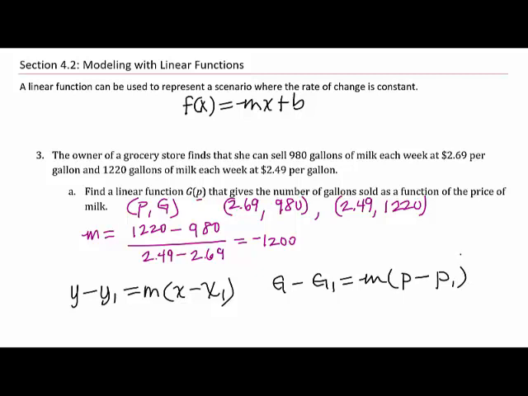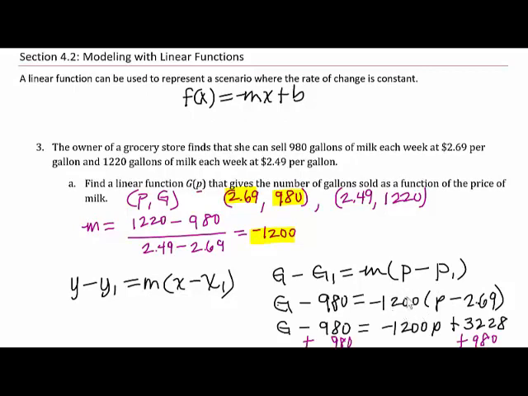We're just going to pick one of these points. It doesn't matter which one, and we'll substitute the p and the g value into this formula. We also need to substitute the slope, which was negative 1200. So we'll have g minus 980 is equal to negative 1200 times p minus 2.69, and then convert to slope-intercept form.